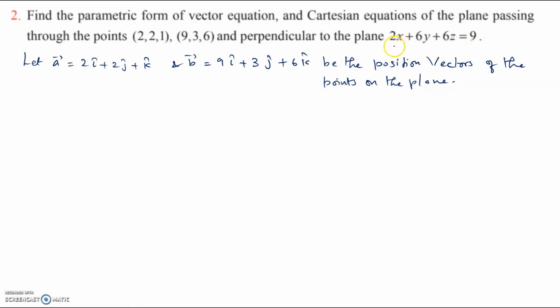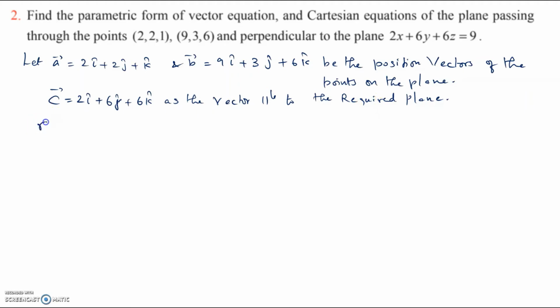So when we find the perpendicular to this plane, then that's going to be parallel to the required plane. So we can define vector c, using the direction ratios from this plane, as 2i cap plus 6j cap plus 6k cap, as the vector parallel to the required plane.